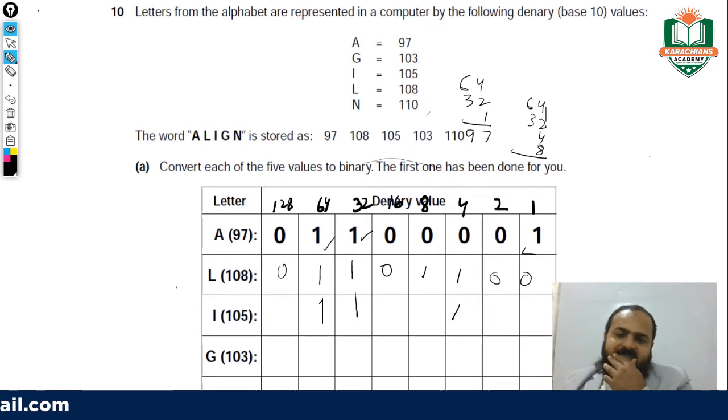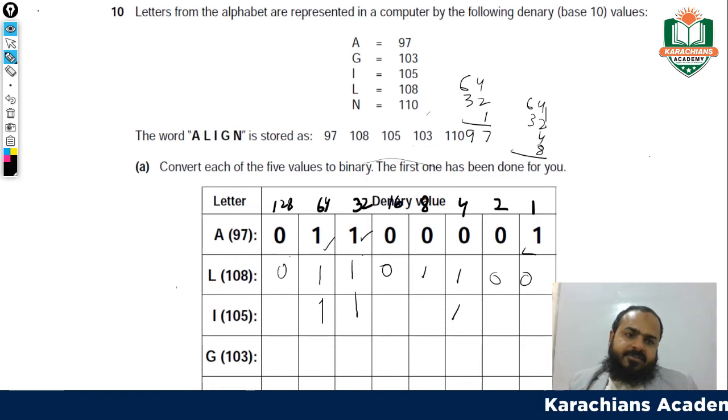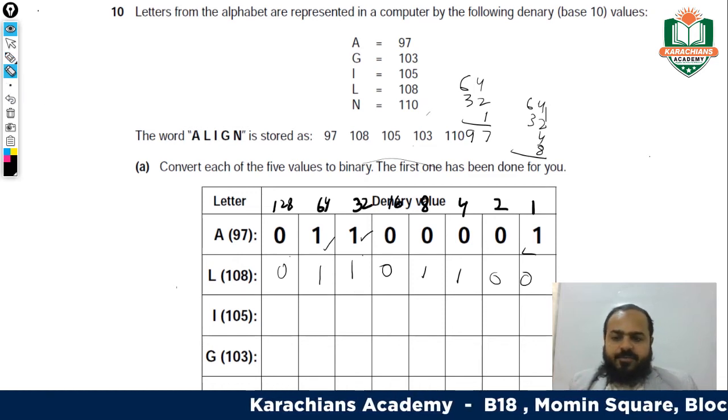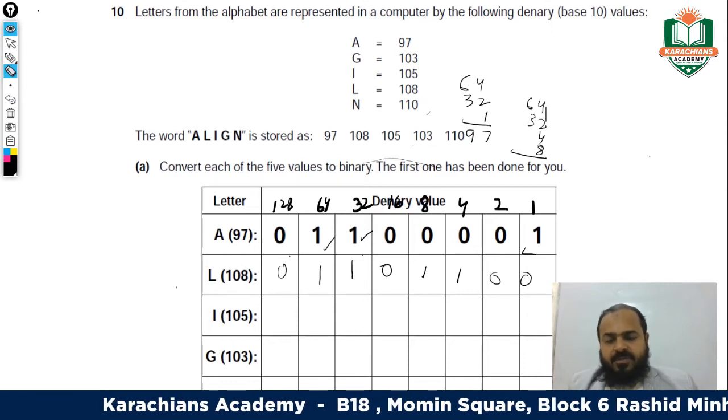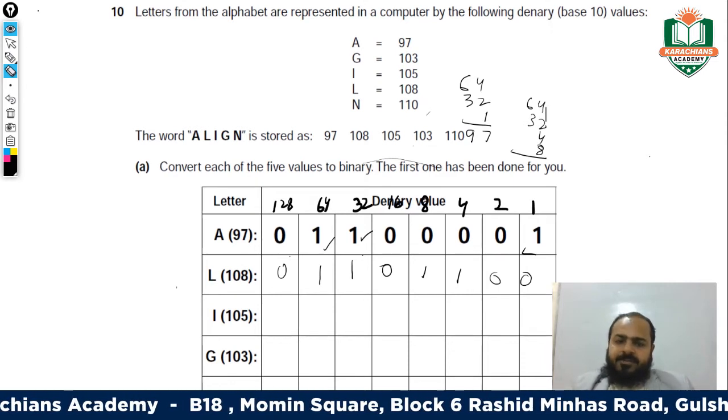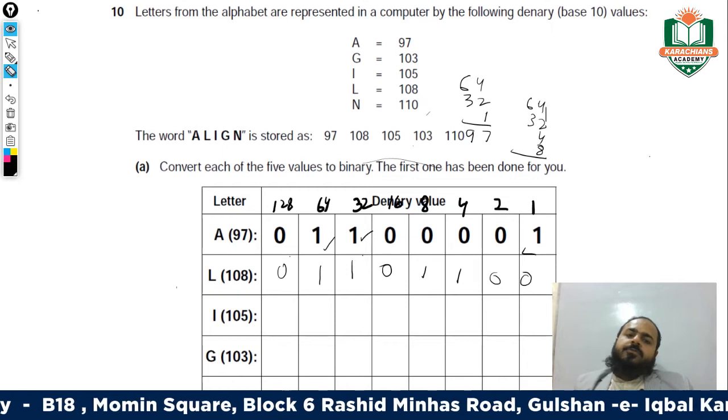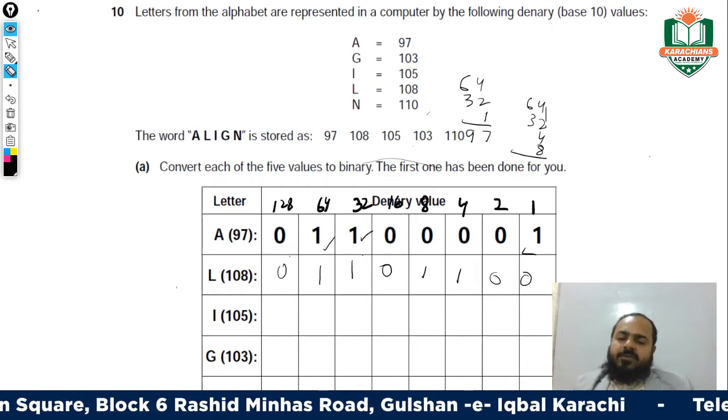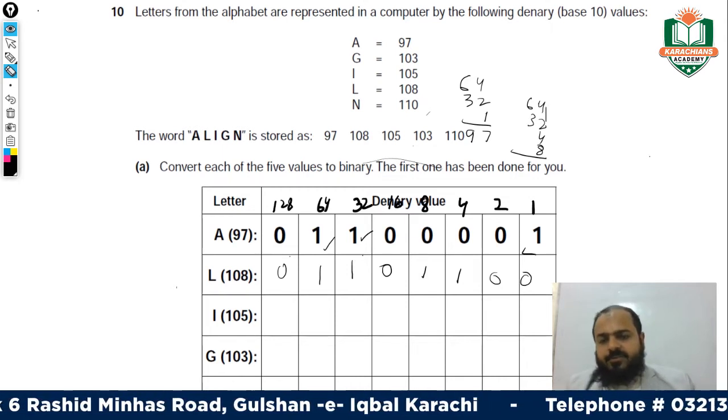Now I want 5. This is not helping me because I have to make 105. So I should erase this here, and I have to make 105. So what are we going to do to make 105?